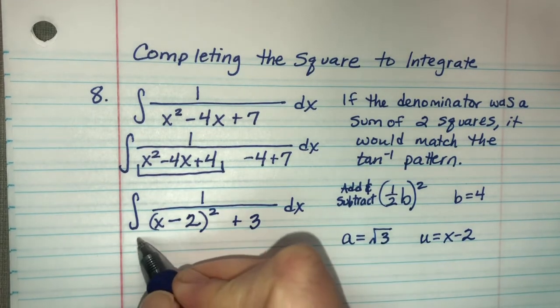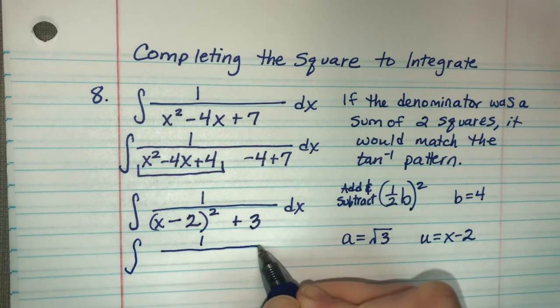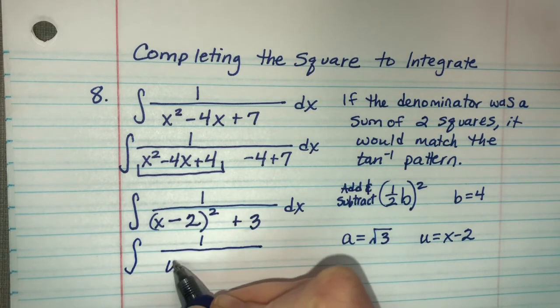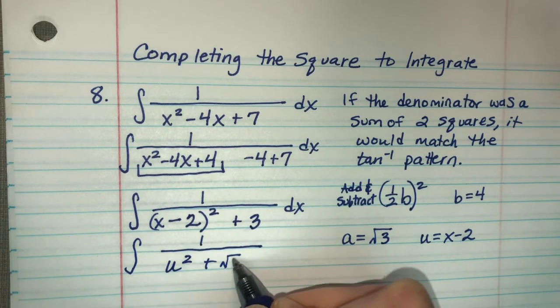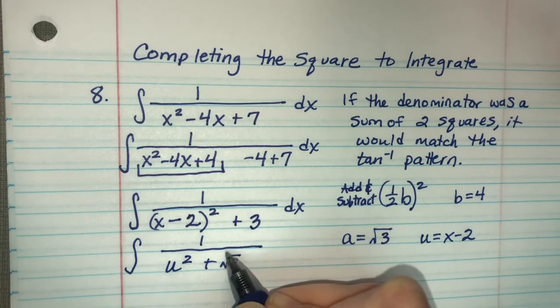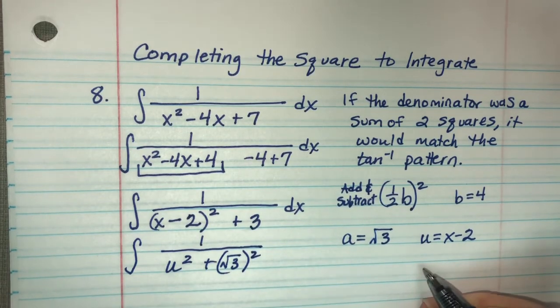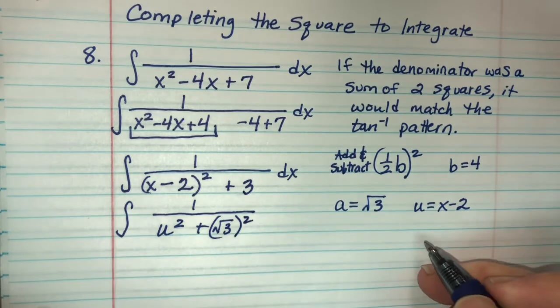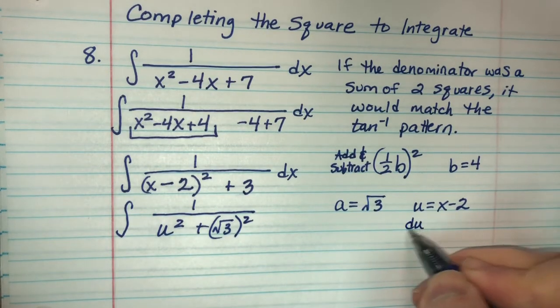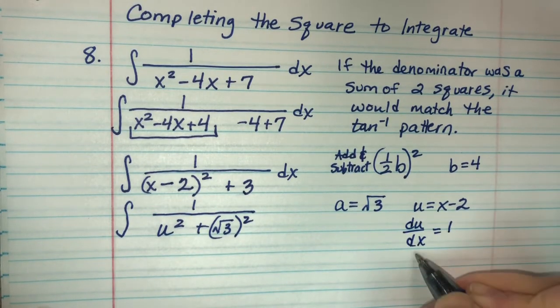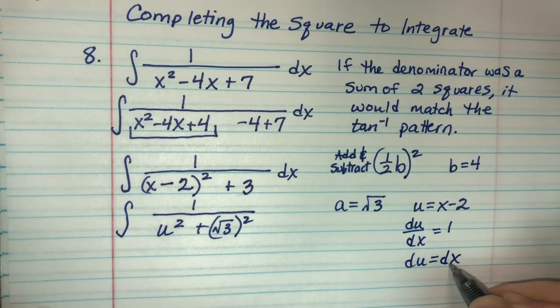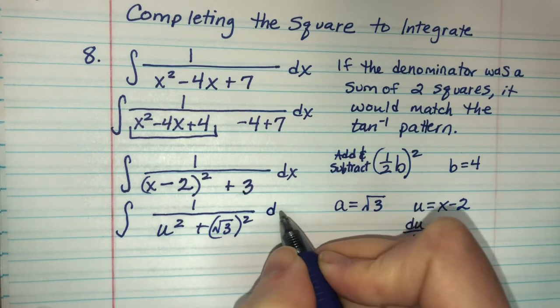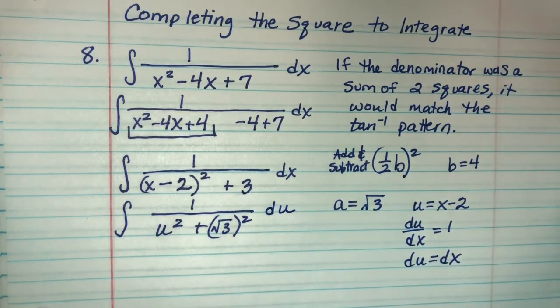So it's like I've rewritten it as 1 over u squared plus the square root of 3 squared. But now I need to get this dx in terms of u. So du/dx equals 1. du is just equal to dx. I don't have to multiply by any special numbers. So I'm just going to take out the dx and replace it with a du.